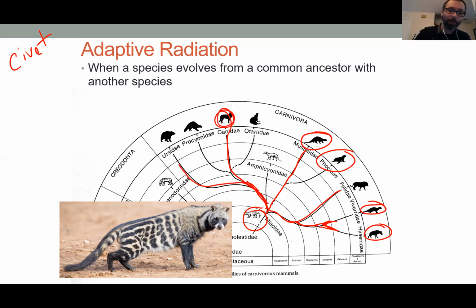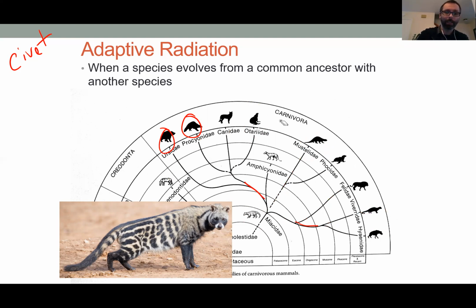The bears broke off really early, and then this one right here is a raccoon, and then these are sea lions, seals with ears, water dogs, basically, right? But they all have their ancestors going back to this ancient civet-looking thing, right? Because this one has all these different traits that could be amplified in one species and then not amplified in the other group. And so they start to diversify thanks to adaptive radiation.